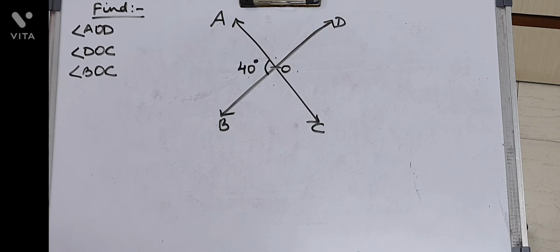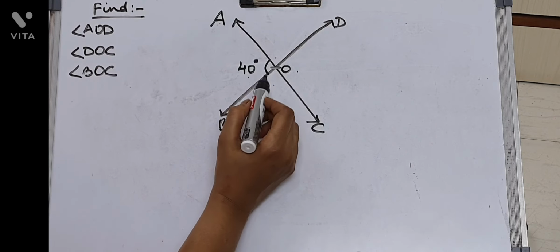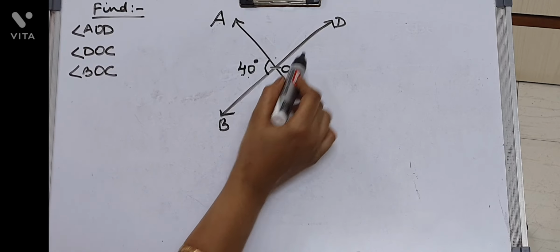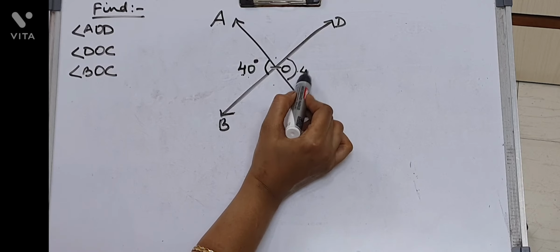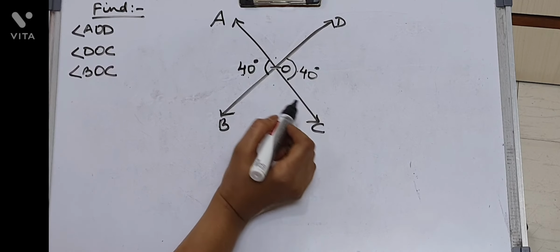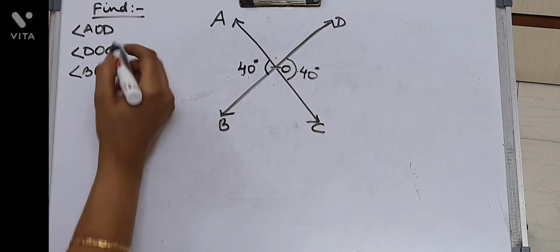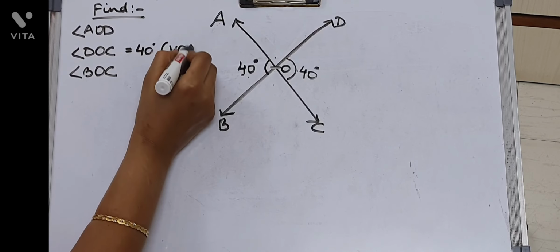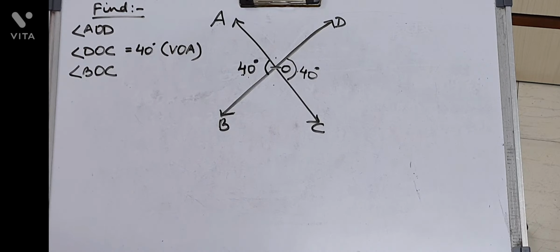So how we are going to find it: if this is 40 degrees, then this angle is also 40 degrees. How? Vertically opposite angles are equal. So BOC is 40 degrees. The reason we will write here is vertically opposite angles are equal.